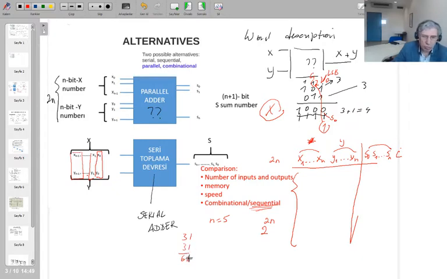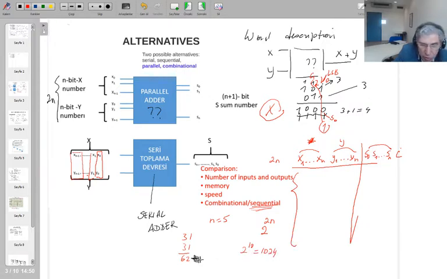The highest output could be 62. When you consider the truth table for this parallel adder, 2 to the power 10 gives you 1024. So that is the number of rows in that truth table.